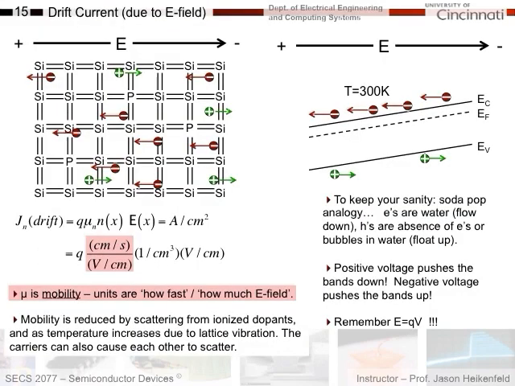So let's look at drift current in greater detail here. And so the first thing I want to focus on over here is the drift current equation. And so how we calculate drift current density, meaning amps per unit area, and in this course we use CGS units, centimeter gram second, so it's centimeters squared.